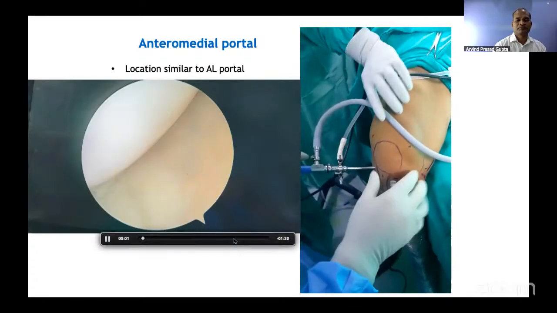So you must visualize from the intra-articular side that there should not be any injury to the meniscus or medial femoral condyle, because at the time of putting the knife, there are very high chances of injury to the meniscus as well as the medial femoral condyle. You should always look from inside where your knife is going, okay?